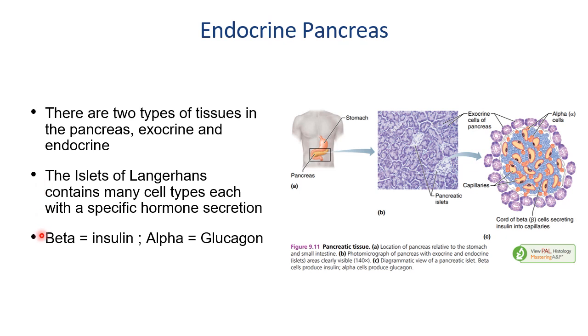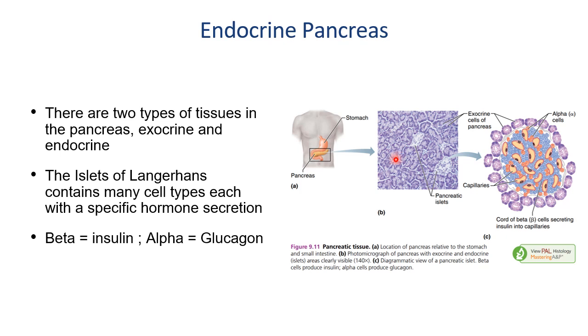The beta cell secretes insulin, which decreases blood sugar, and the alpha cells secrete glucagon, which increases the blood sugar. If you take a closer look at the pancreas, you will see these structures.